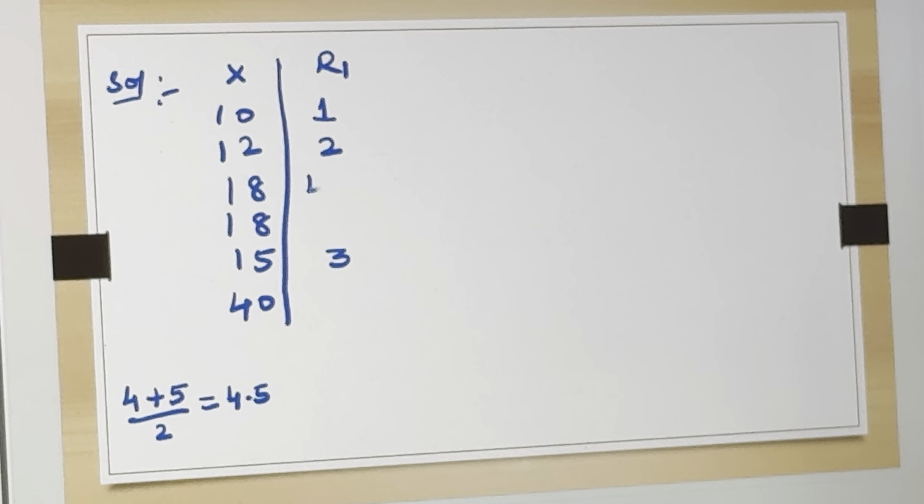So against 18 you will be putting equal ranks here, which is nothing but 4.5 and 4.5. Now how many ranks are completed? 1, 2, 3, 4, 5 ranks we have already assigned.